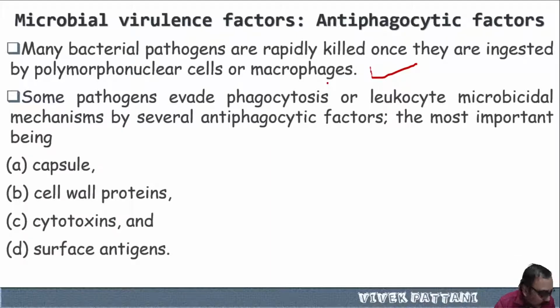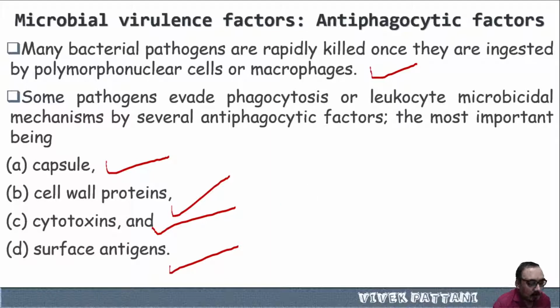Through phagocytosis, most of the pathogens are killed, but some can survive and evade phagocytosis or leukocyte microbicidal mechanisms by several antiphagocytic factors, such as capsules, soluble proteins, cytotoxins, as well as surface antigens that can prevent this phagocytosis.